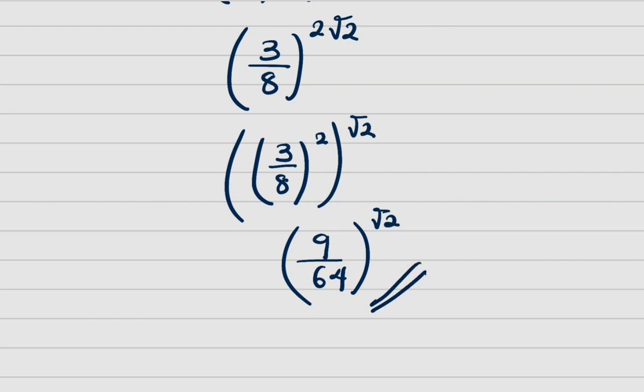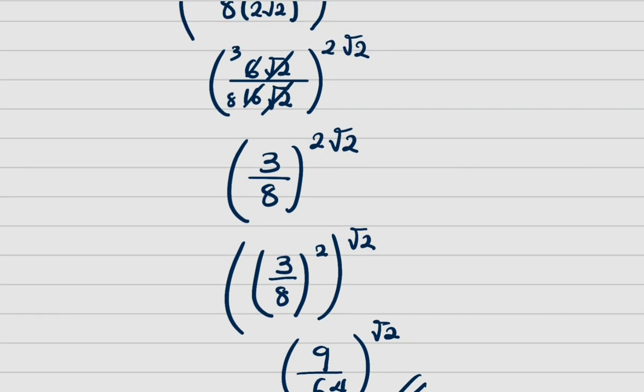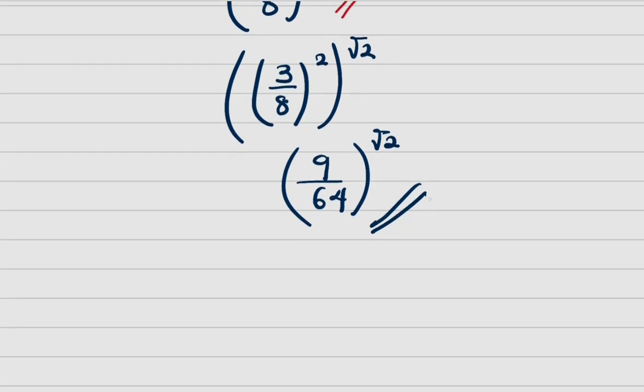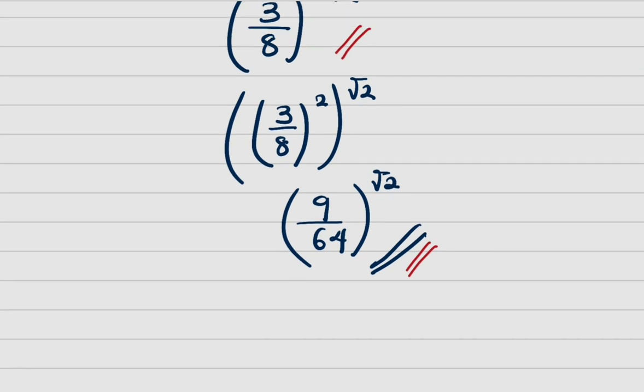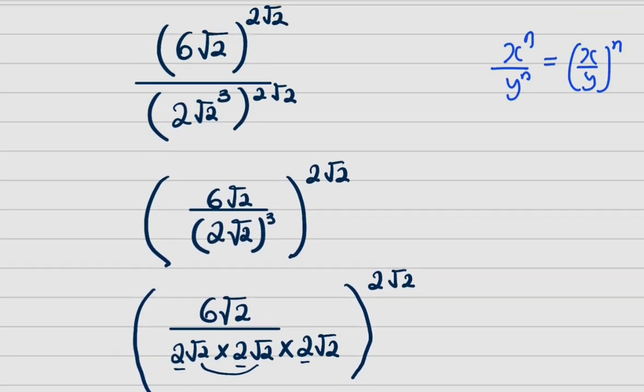Now it depends on the option, and it depends on what your lecturer needs. Some can finalize their answer here, and some can take it to this part, but it is all okay. So I want to believe you understood the trick that I used in simplifying this question.